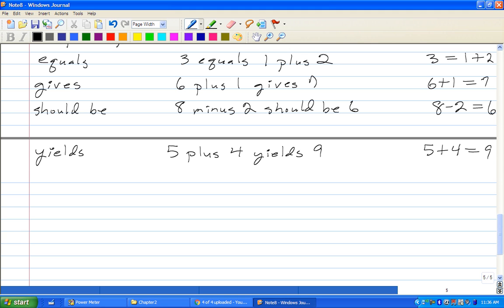Amounts to: 8 times 2 amounts to 16, so 8 times 2 equals 16.